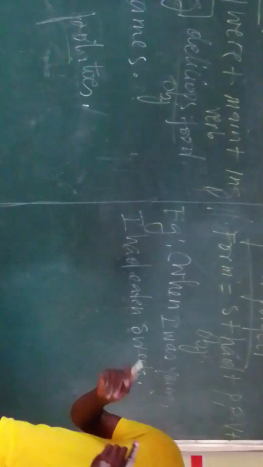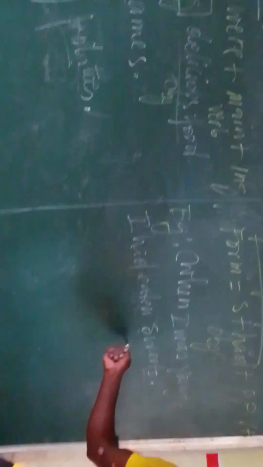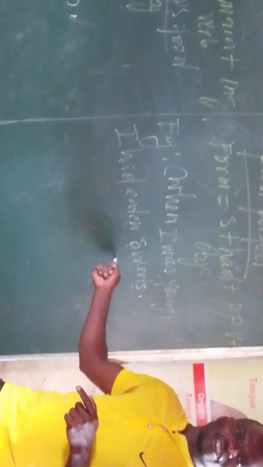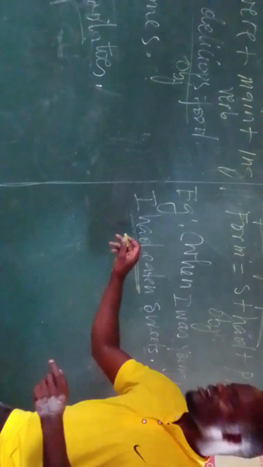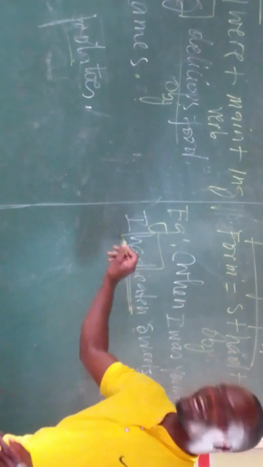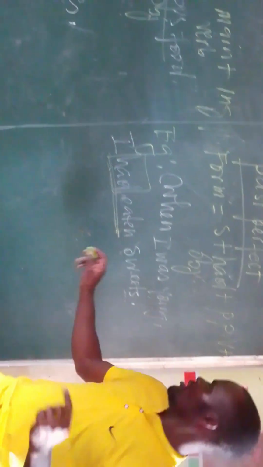Simply, past perfect here is this one: we take the verb to have in simple past, which is had, plus the main verb in the past participle.